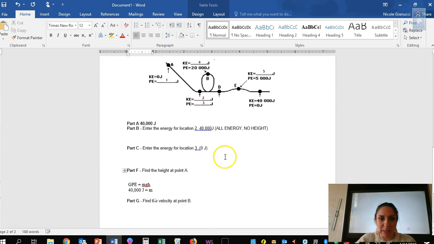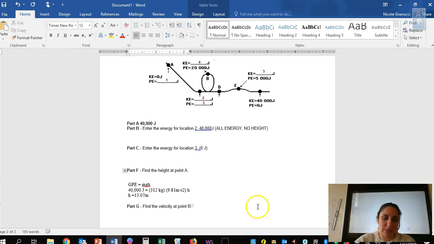Now, I didn't write down the m here, but your m should be something like, I used 312 kilograms for one class, times 9.81 times h. So I'm solving for h here. 40,000 divided by 312 divided by 9.81, so the height is around 13.07 meters. So that's how you find the height.